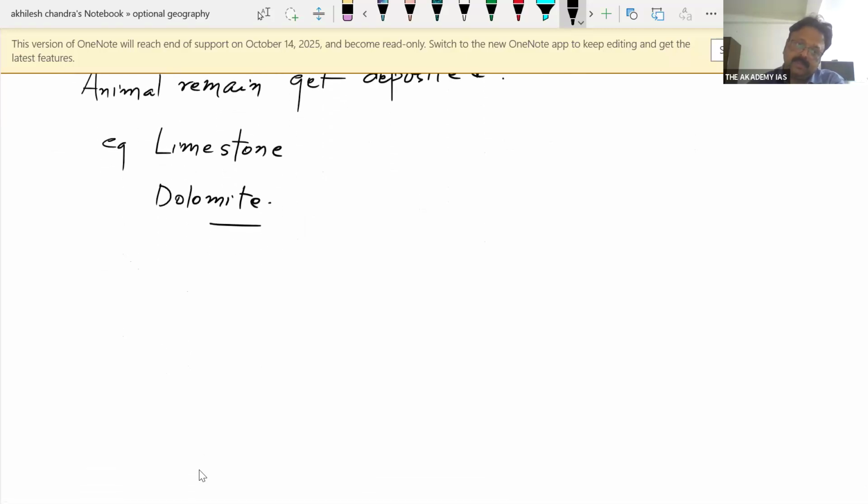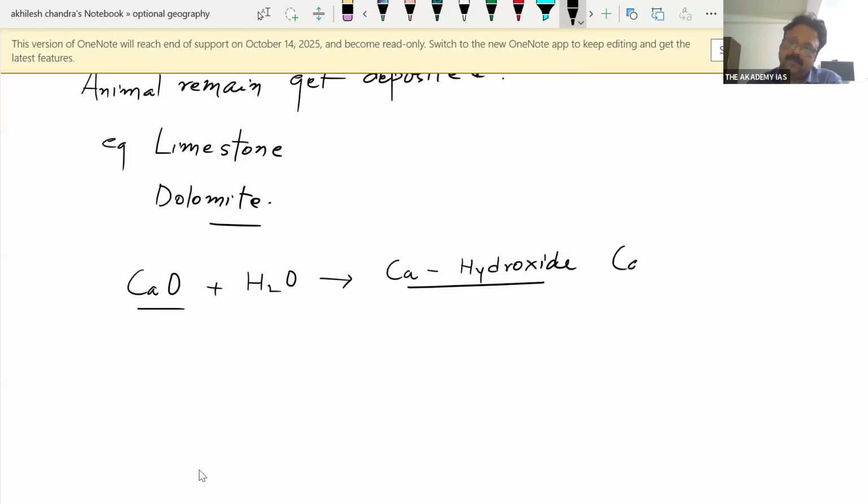Basically, there is calcium oxide. Calcium, which is present in animal remains, reacts with water and forms calcium hydroxide, Ca(OH)2. This calcium hydroxide reacts with carbon dioxide and forms calcium carbonate.